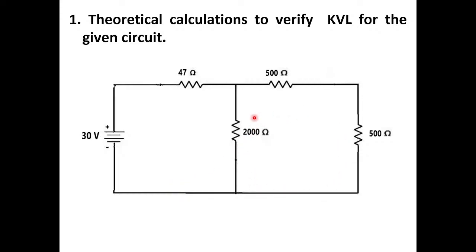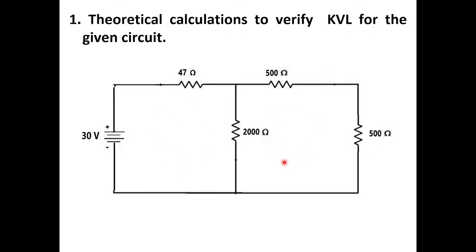This is another closed loop, you call it mesh 2. Since there are two meshes, two closed paths, we can assume two mesh currents. Let us assume currents I1 in mesh 1 and I2 in mesh 2.